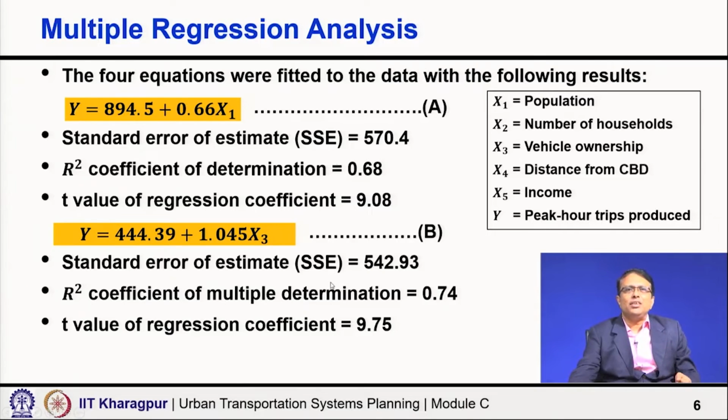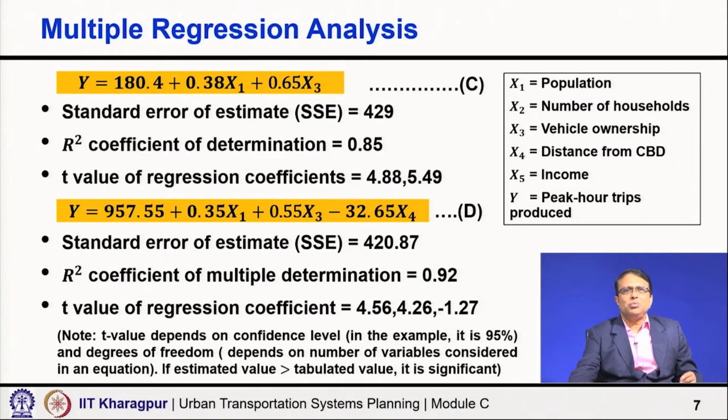Now, I have B and C. In B and C, signs are fine, coefficient values are logical, and the estimates are statistically significant in both cases. Here it is 444.39 and there it is 180.4, but obviously I also find that the R square is more.